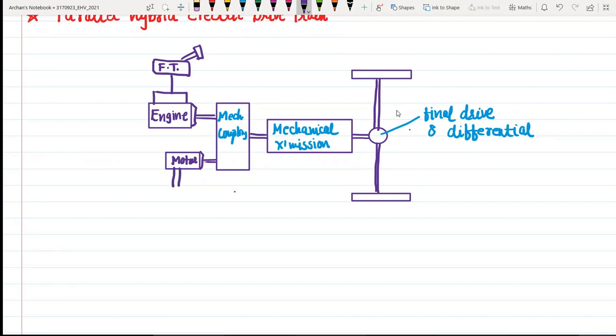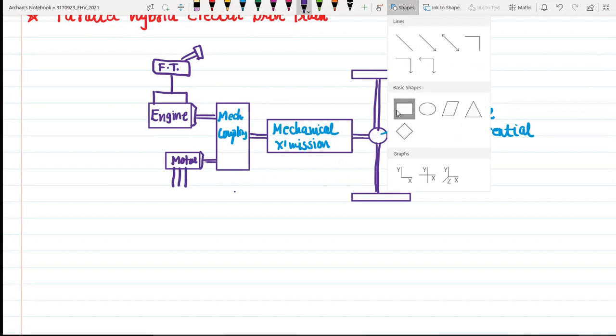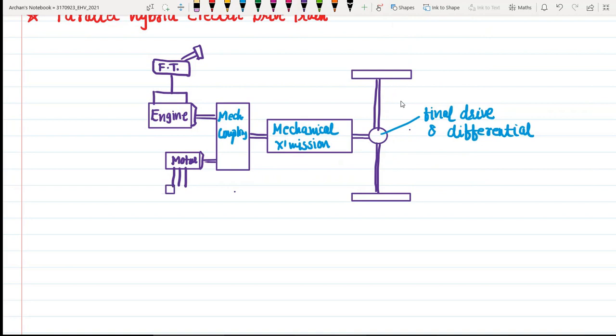To get the desired speed-torque characteristics from this motor, we require control of the motor, and hence we will use a power electronic controller, which is nothing but a motor controller. This motor controller is supplied with our second energy source, which is the battery.